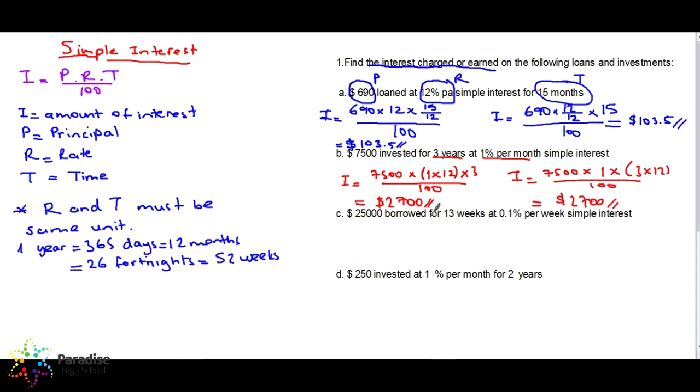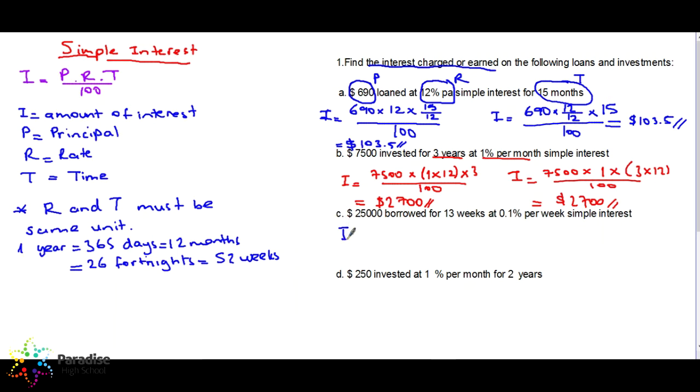All right, let's look at number C. $25,000 borrowed for 13 weeks at 0.1% per week simple interest. Now, the time is in weeks and the rate is per week. Do I need to change anything? No, I don't need to.